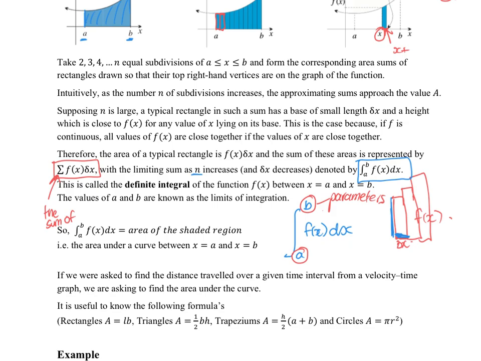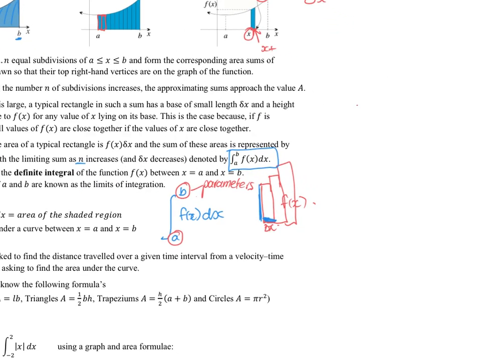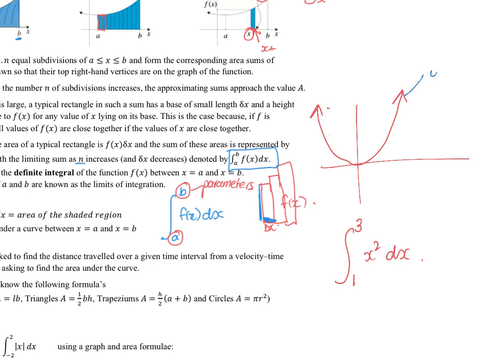So if I've got a curve, just say the parabola, and I want to find the definite integral of x squared dx between 1 and 3, there's my curve y equals x squared, and I want to find it between 1 and 3. You're actually finding the area under the curve to the x-axis, between 1 and 3.